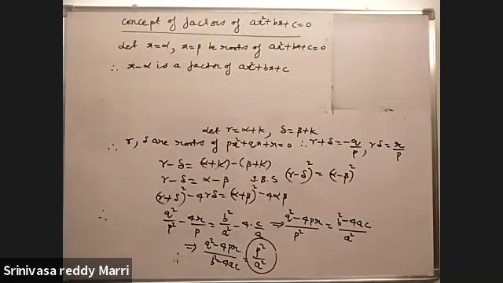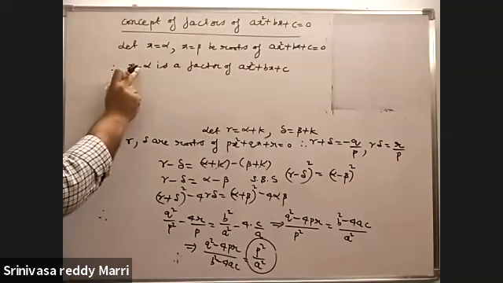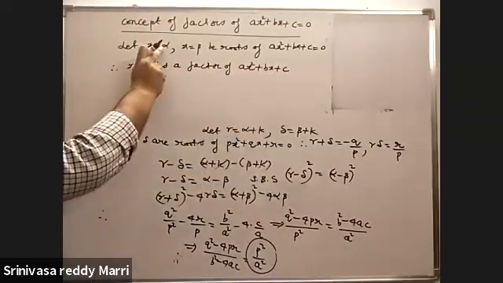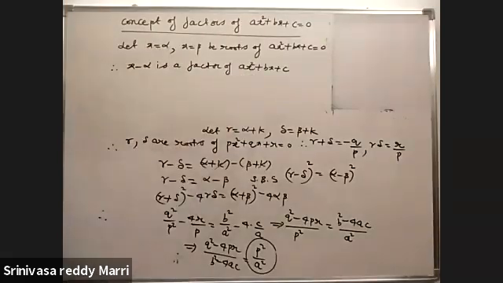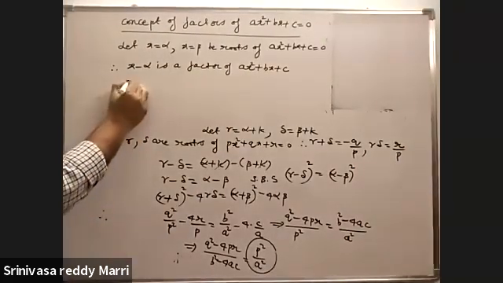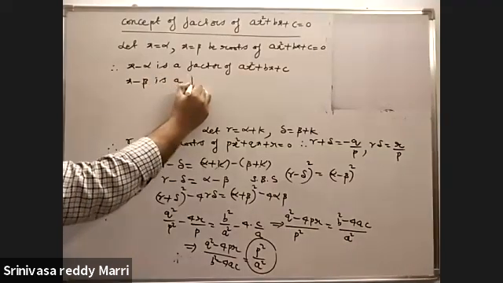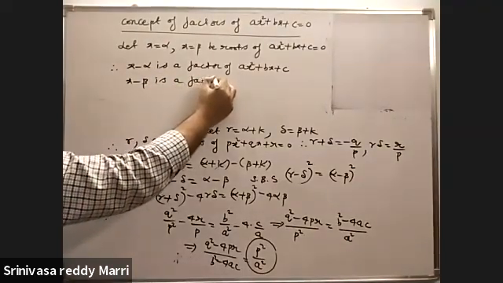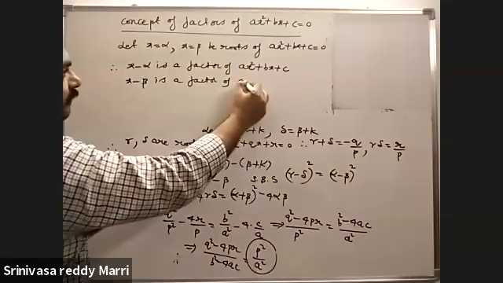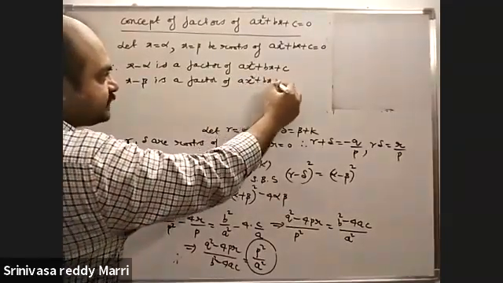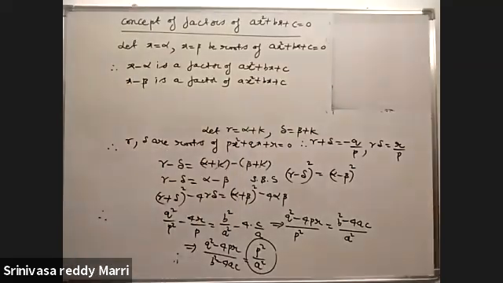That means there will be no remainder. That means x minus alpha is a factor of ax square plus bx plus c. Whenever a root is there, it will become a factor. So similarly, x minus beta is a factor of this expression.